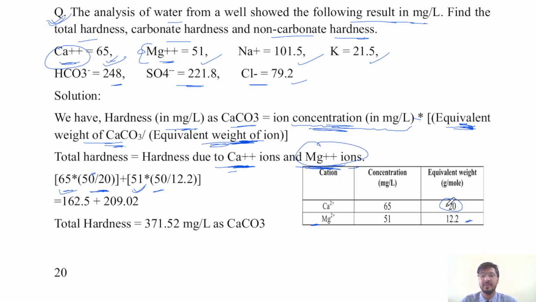Equivalent weight of Mg++ is equal to 12.2. So divided by 12.2. So from this, the total hardness is equal to 371.52 milligram per liter as calcium carbonate.